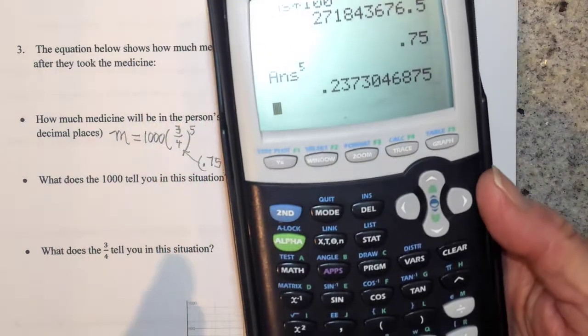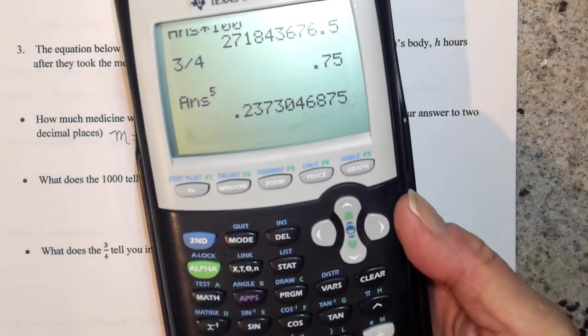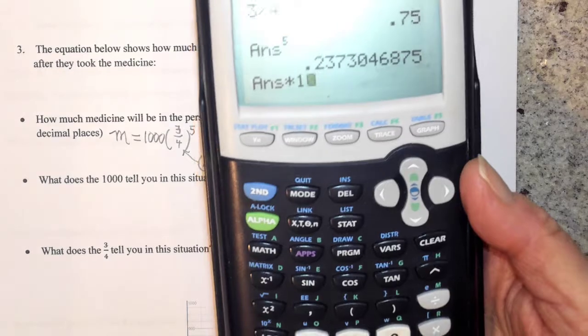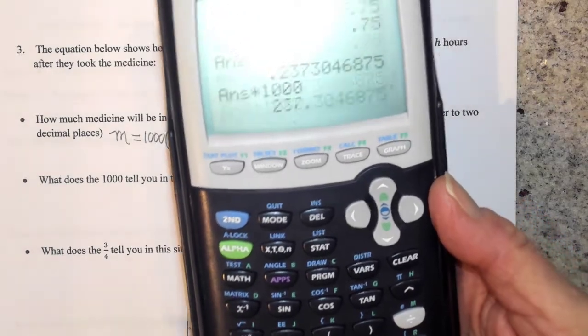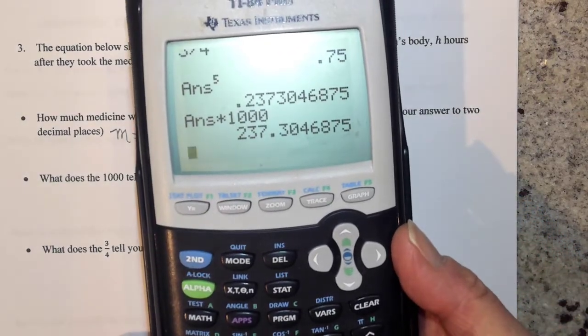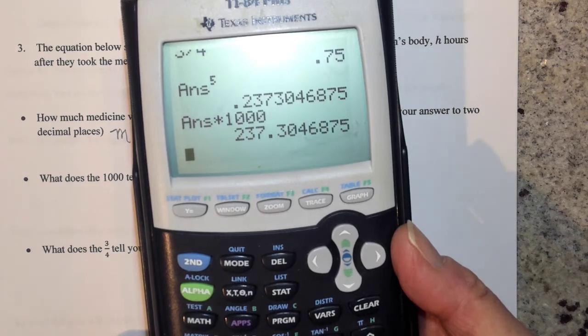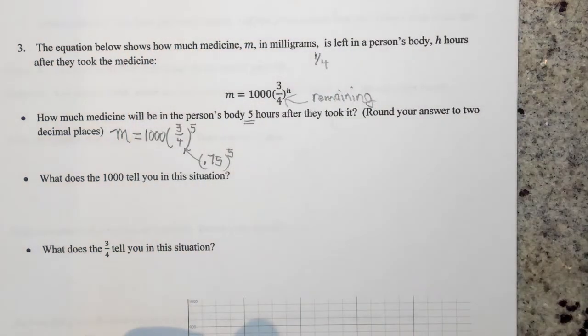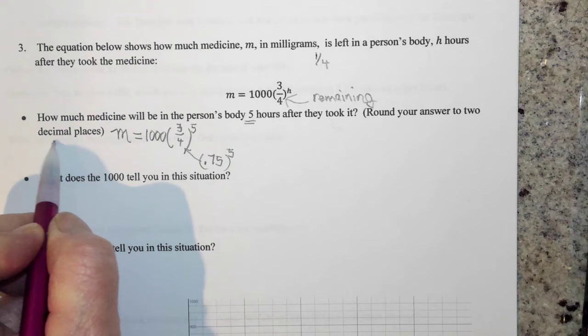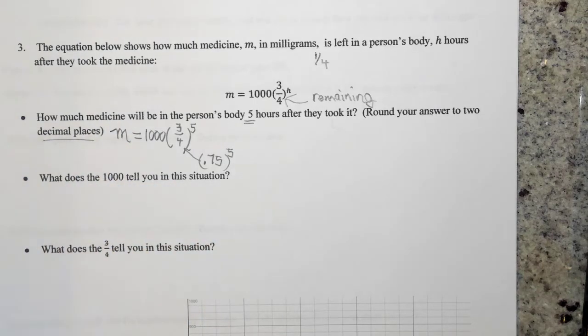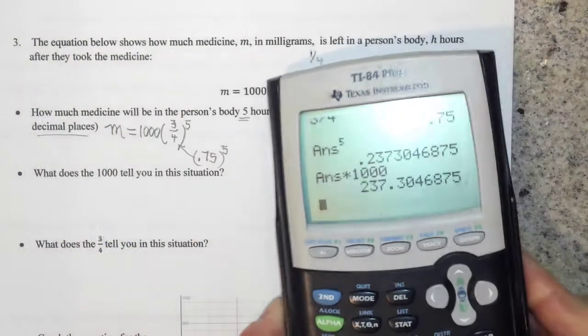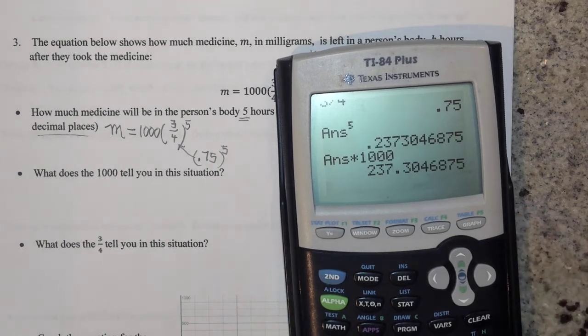And then I'm going to multiply that by 1,000. And I get that amount, 237.3046875. But I need to remember it says round my answer to 2 decimal places. Therefore, 2 decimal places means I'm looking at 1, 2. I'm going to look at the number right behind, which is a 4.